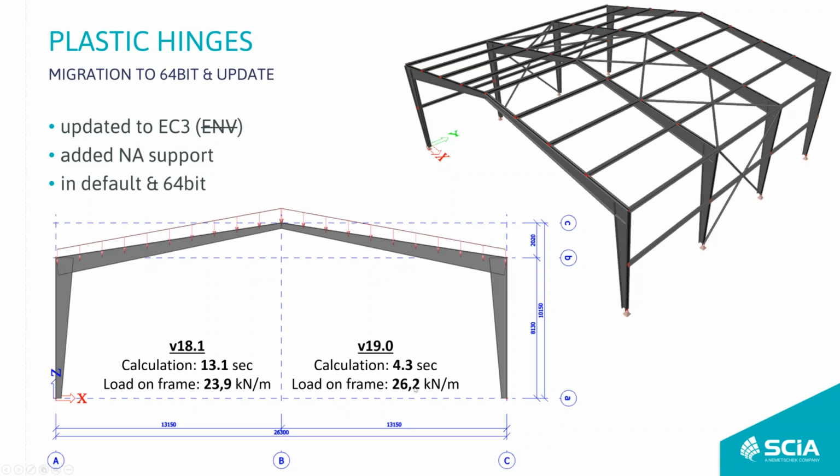That's because of the new way of calculation of plastic hinges and the different coefficients. So in that version, the design is more, let's say, economical than in the previous version. And you can also notice there is a significant change in the time of the calculation.